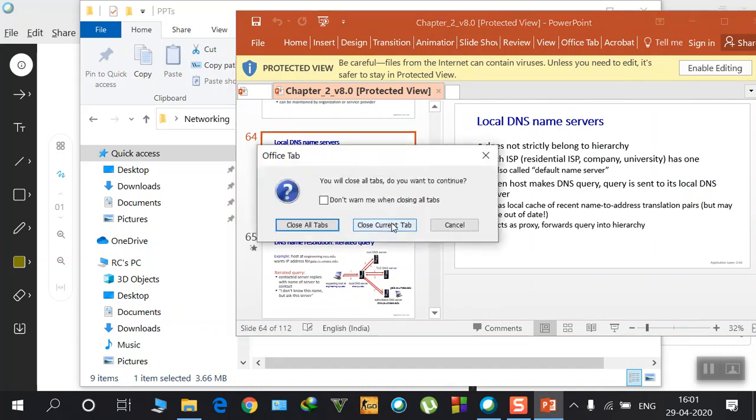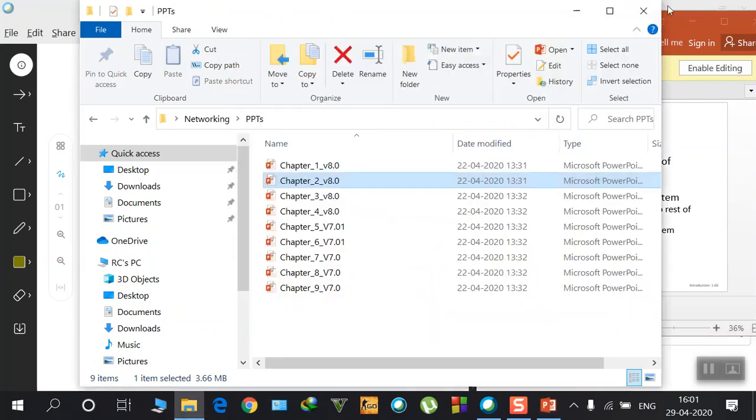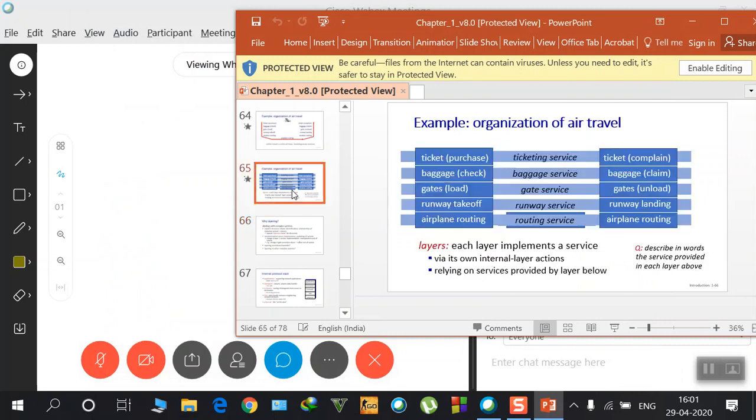We used a specific human example in which there is a procedure of communicating between two persons. Likewise, in networks, we replicate the same thing. You would have protocols to communicate between the two.